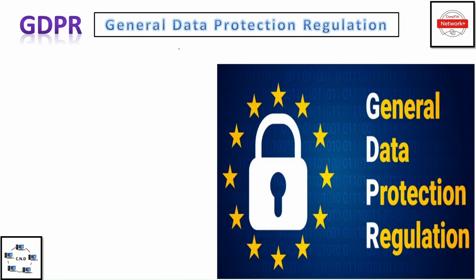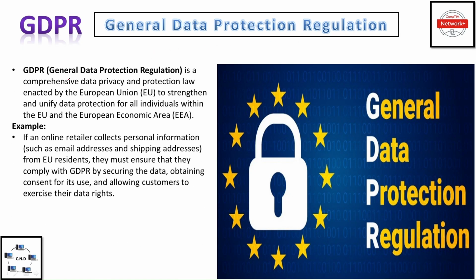GDPR, that is General Data Protection Regulation. So GDPR, General Data Protection Regulation, is a comprehensive data privacy and protection law enacted by the European Union to strengthen and unify data protection for all individuals within the EU and the European Economic Area.